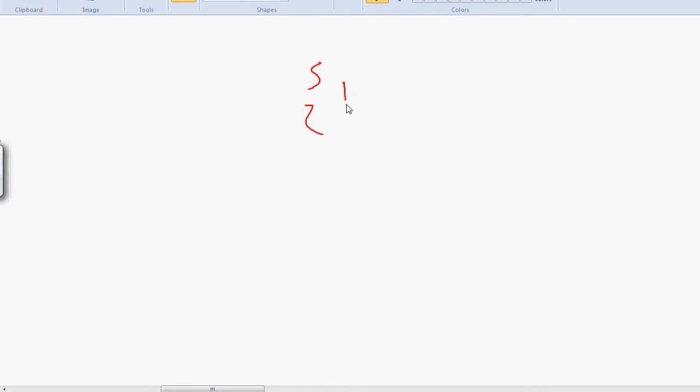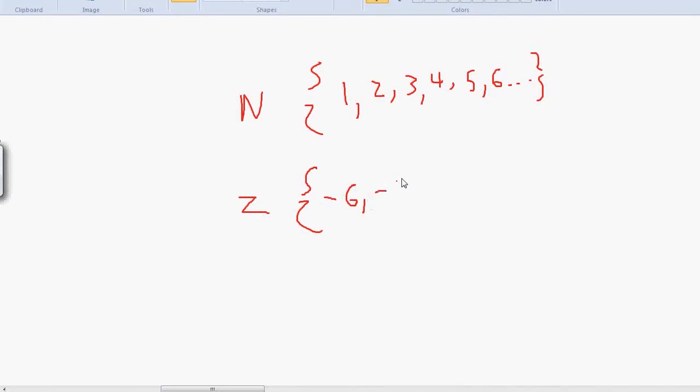So one set is going to be 1, 2, 3, 4, 5, 6, etc. That's going to be set N. And then set Z is going to be, let's just say -6, -5, -4, -3. It's also going to include 0, and then it's going to include 1, 2, 3, etc.